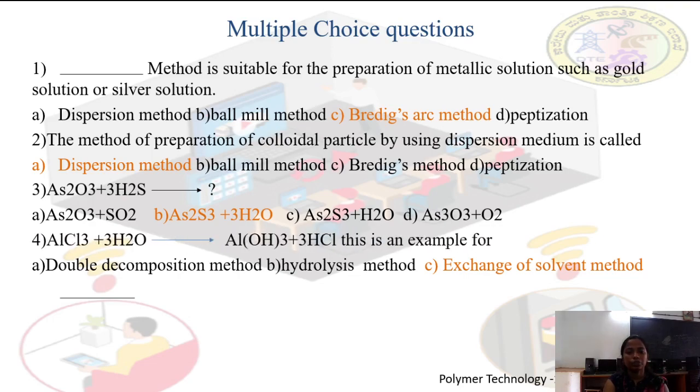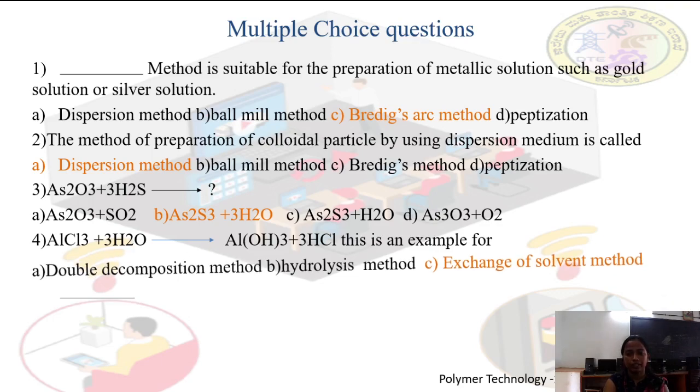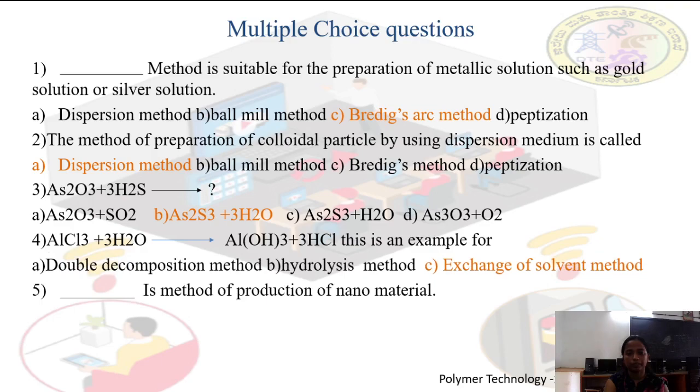Next: AlCl3 plus 3H2O gives rise to Al(OH)3 plus 3HCl. This is an example of which method: double decomposition, hydrolysis, or exchange of solvent? This is an example of the hydrolysis method.